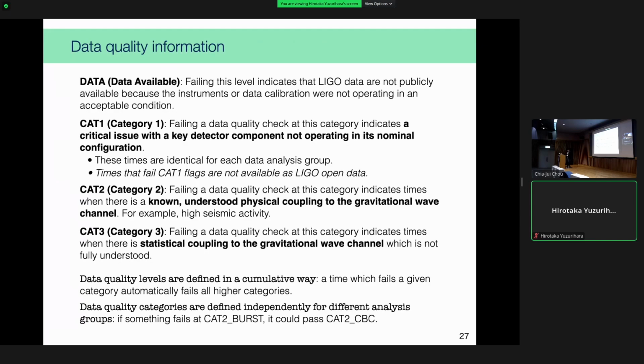So if something fails at category 2 burst, it could pass category 2 CBC. This is because, compared with burst search, CBC compact binary coalescence signals continue longer than burst signals, so the interesting time durations are different.